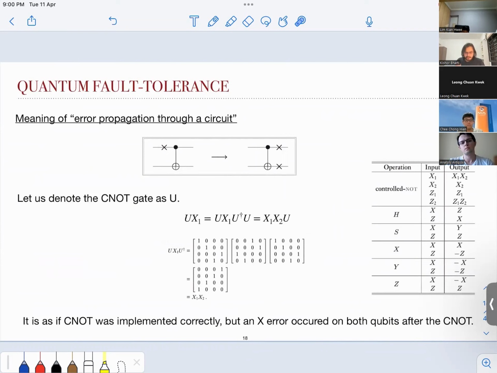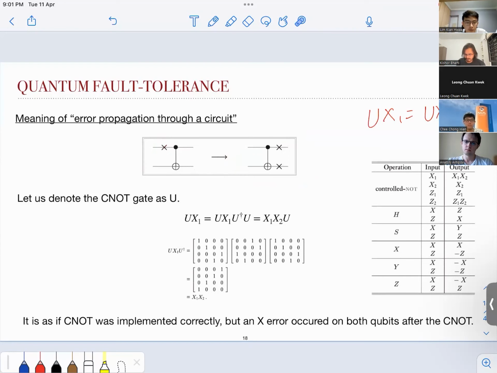So what is the meaning of error propagation through a circuit? We showed this thing here, right? Basically, the way you can think of it, you started with something, and then there was some X error here, and then you implemented your C0 U. But you can write this as U X1 U dagger U, right?